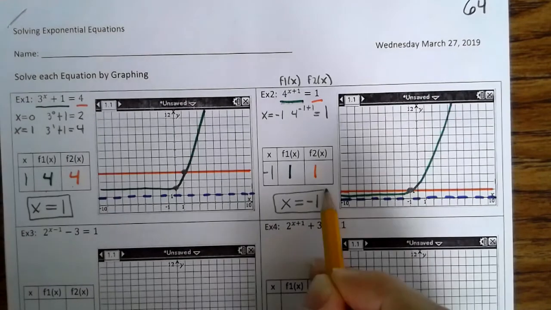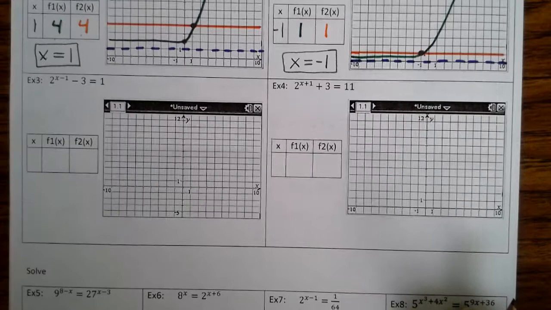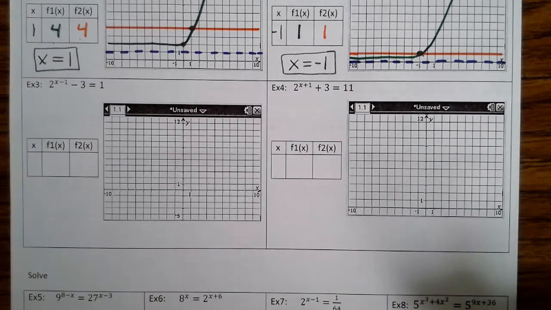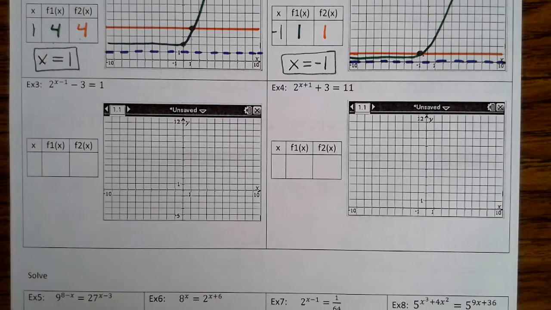All right, let's take a look at example 3. So we graph the right side, which is a horizontal line at 1.